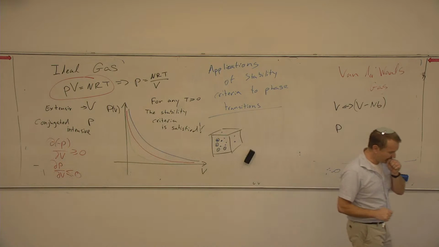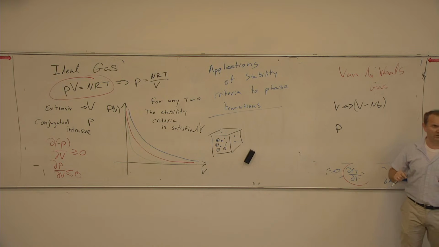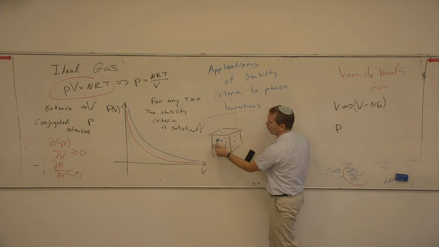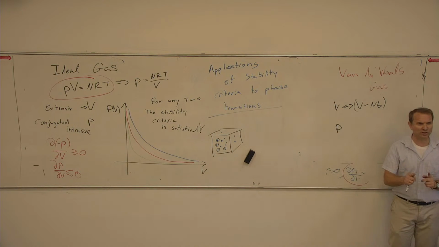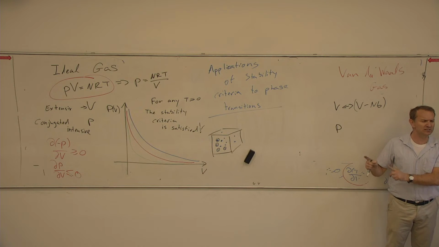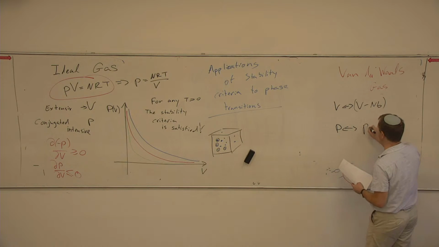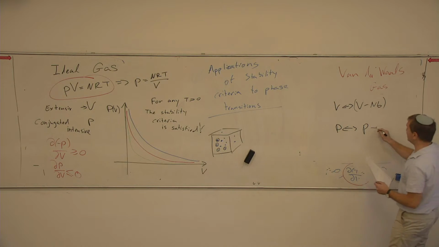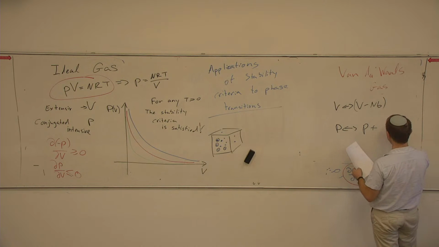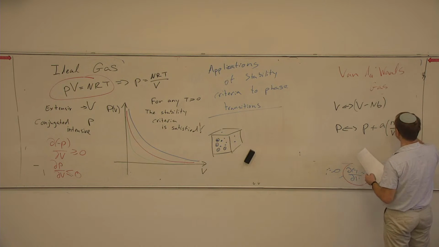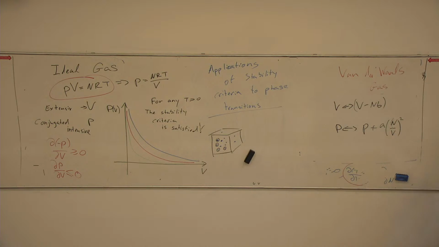But if the density of the particles inside the chamber is high, the pressure is not just the pressure of the bombardments, it's also related to the density of the particles inside the box. So he said the pressure has to be modified by the measured pressure plus some constant a divided by V squared, where N is the number of particles and V is the free volume.